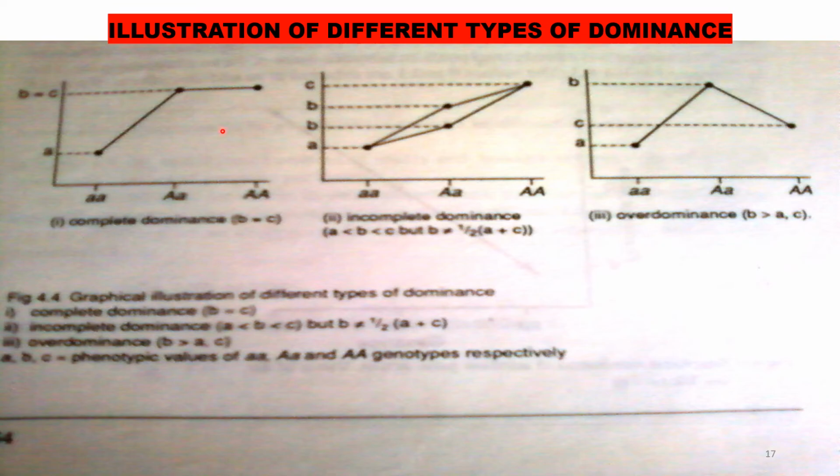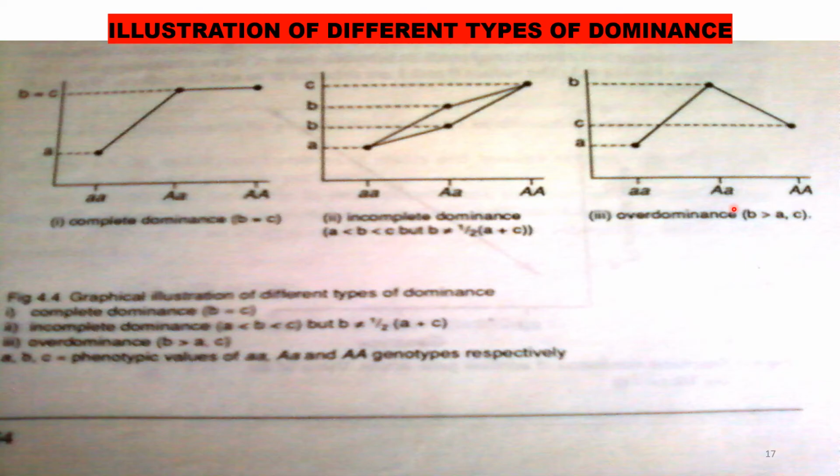So this is an illustration showing three of the different types of dominance. This is complete dominance. You see that the heterozygote and the dominant homozygote have similar phenotypic value. In the case of incomplete dominance, the heterozygotes are midway between the dominant homozygote and the recessive homozygote, but not at the midpoint.